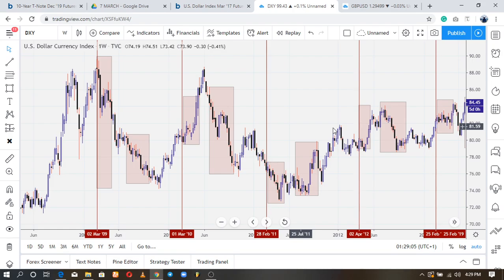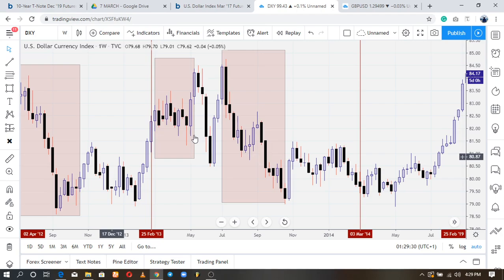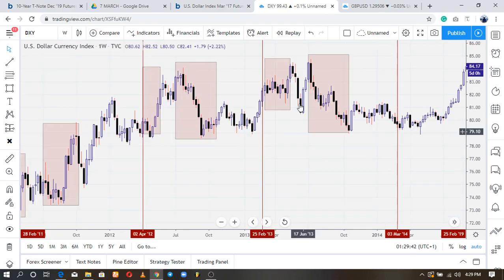So this was another clean setup, and price was not really changed in March of 2013. But look at July, after price equalized around this level. Price came down to the level, went up to this level, and if we know that around this period we can expect bearish price on the DXY due to seasonal tendency in line with market structure, look how it all lines up, and we get an explosive move to the downside for months.